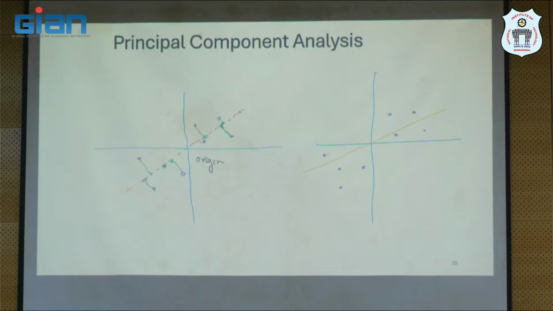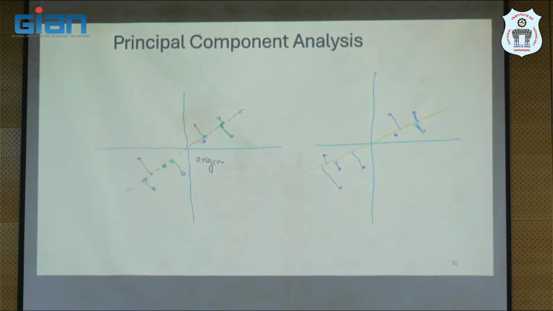So the orange line is slightly different than the red line, as you can see. So then I can have my projections of my purple points onto the orange line. So these are projections, basically the perpendiculars dropped onto the line. Okay. I will discard the purple points. Once I have my projections, I will use the projections for carrying out all my analysis. Okay.